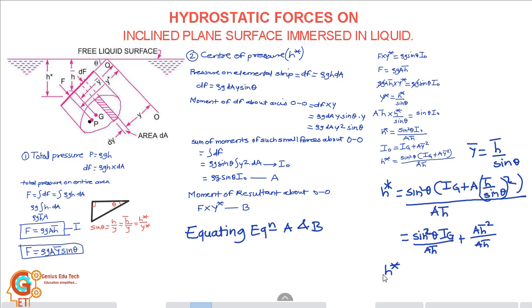So we get our final expression for center of pressure, that is h star is equal to Ig sin square theta upon A h bar plus h bar, which is the required expression for location of center of pressure of an inclined plane surface immersed in liquid.